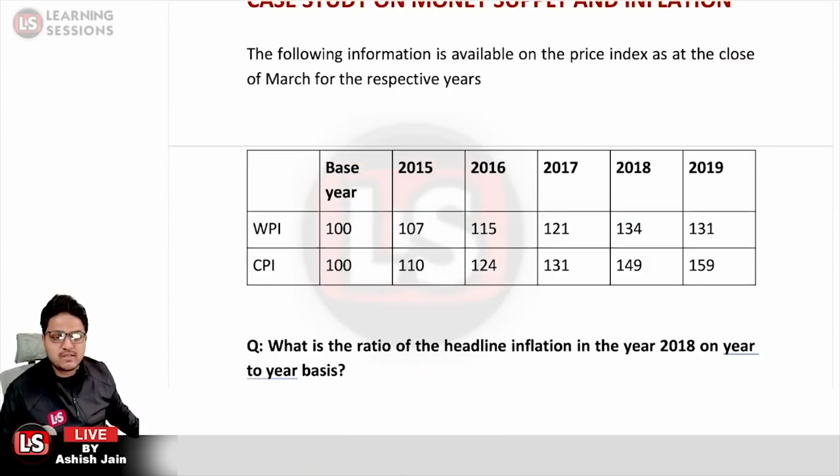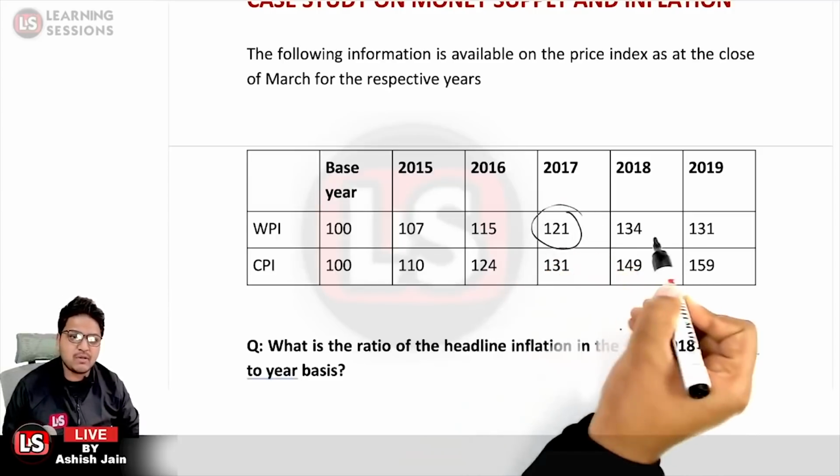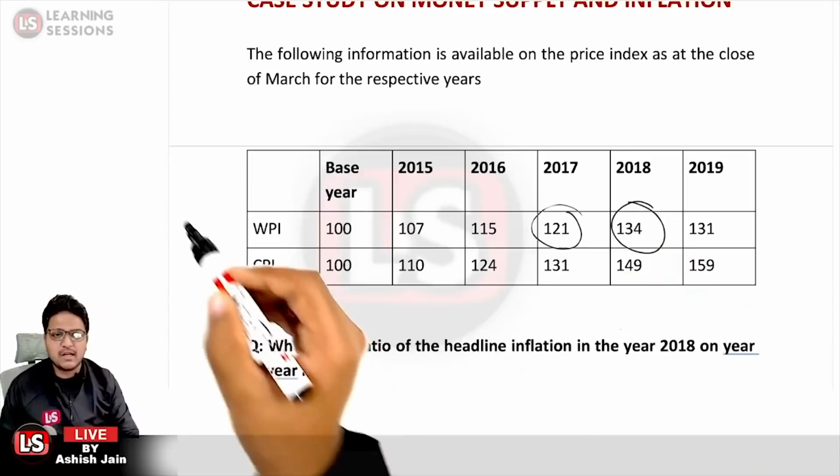The first question over here says, what is the ratio of the headline inflation in the year 2018 on a year to year basis? Whenever we are to calculate the ratio of the headline inflation, or any other ratio on a year to year basis, we consider the current year, that is 2018 over here, and the last year itself. So for 2017 it is 121, and for the current year it is 134.